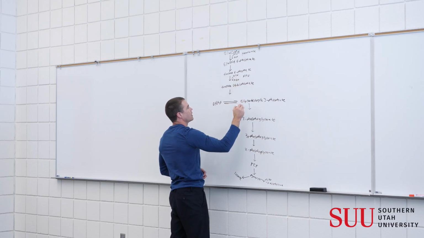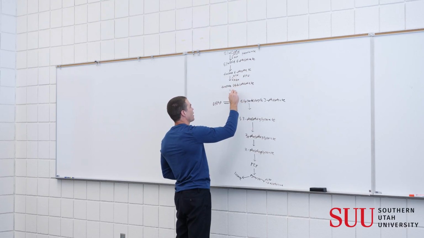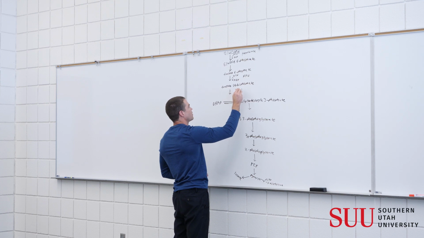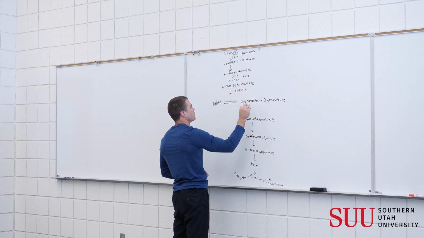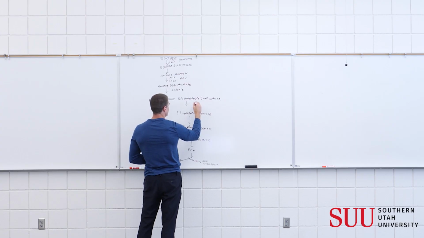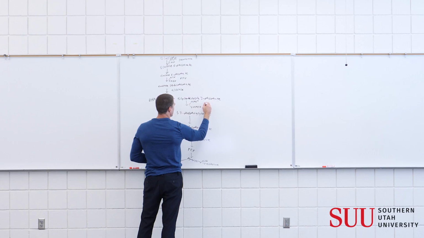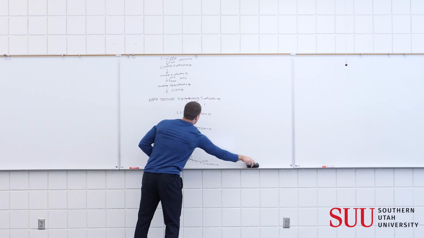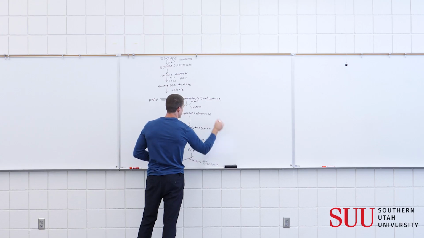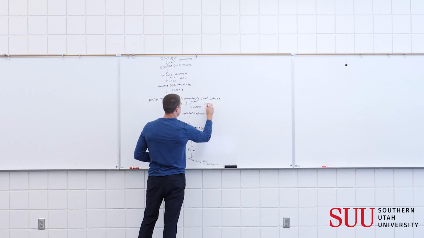And this will be our PFK. And now, of course, aldolase will break this. And now we'll get glyceraldehyde 3-phosphate. And we have our NAD plus to make NADH. This is done by the enzyme glyceraldehyde 3-phosphate dehydrogenase. We'll just write DH.